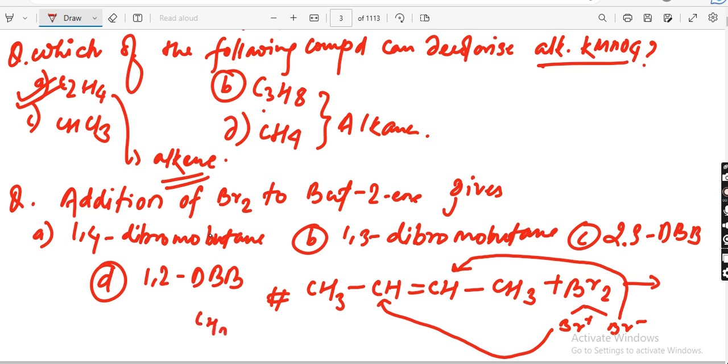So it's CH3, CHBr, CHBr, CH3. For a symmetrical alkene, you don't have to think about Markovnikov's rule. So this is carbon number 2 and this is carbon number 3, so this is your 2,3-dibromobutane.